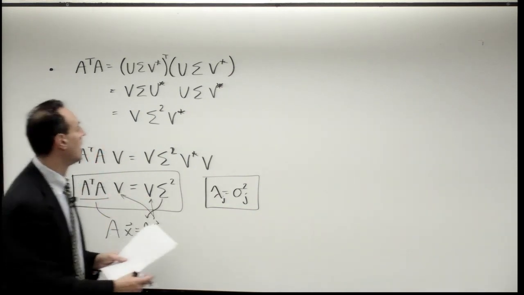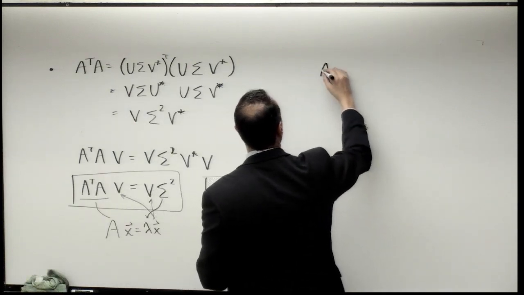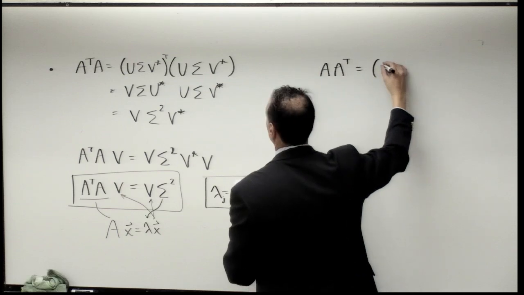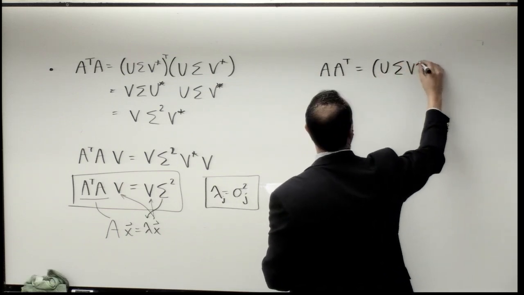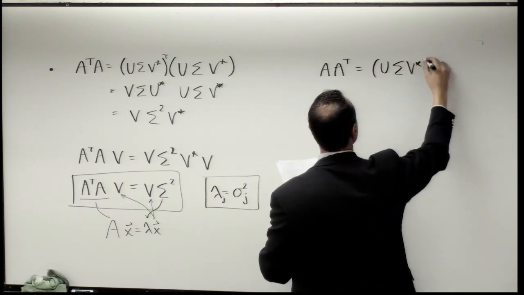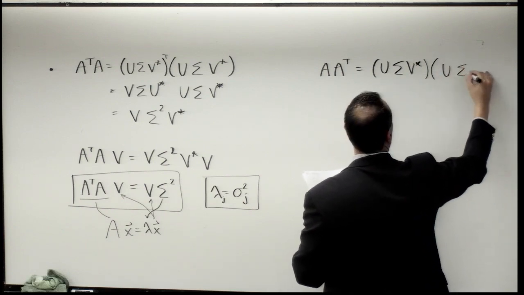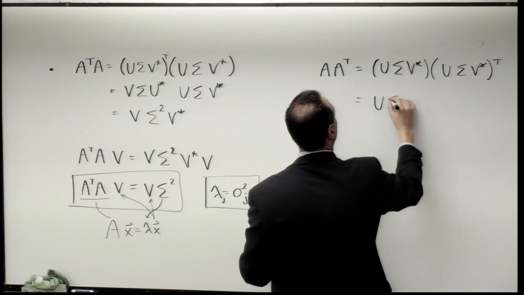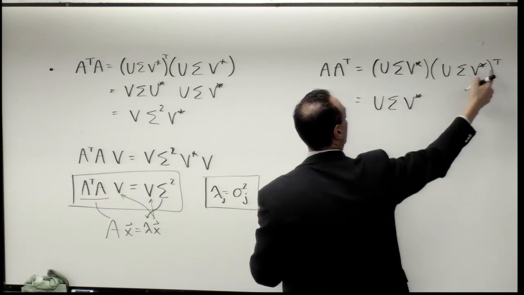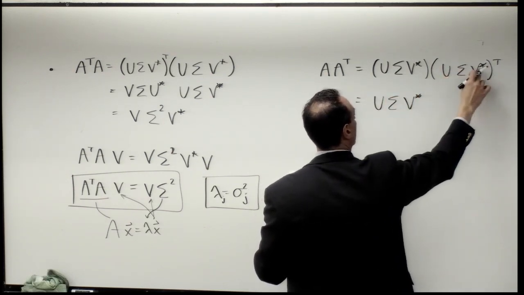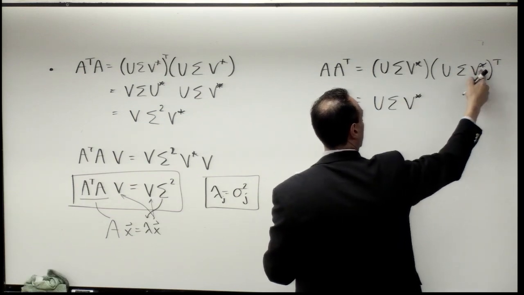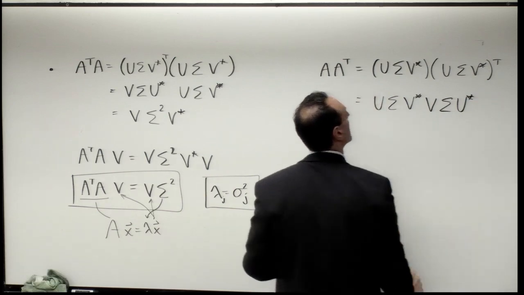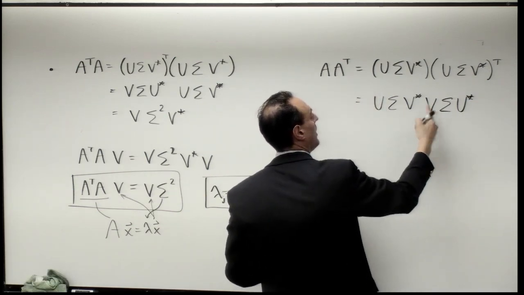How would I get U? You get U the following way: A times A transpose. Well, A times A transpose is U sigma V star times U sigma V star transpose. Remember, the transpose here flips the order and transposes, so it gives you a V sigma U star. V star times V is 1.